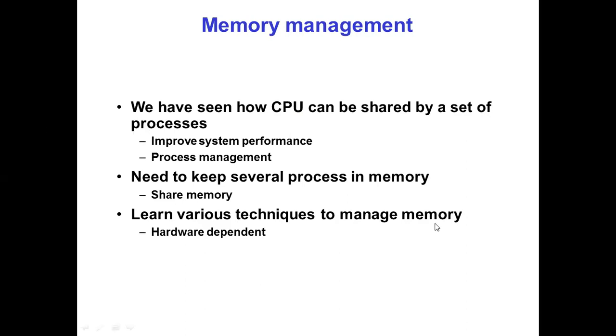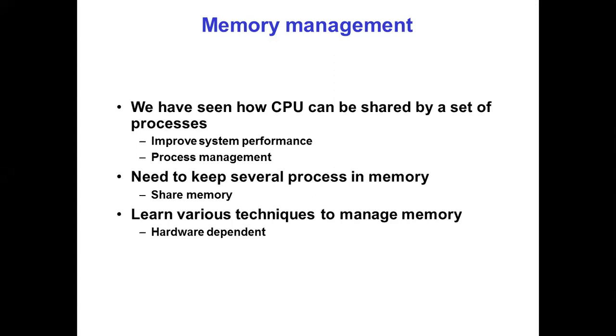Now we can see, when the CPU and the main memory are shared by a number of processes, how we can improve the system performance with the help of memory management.